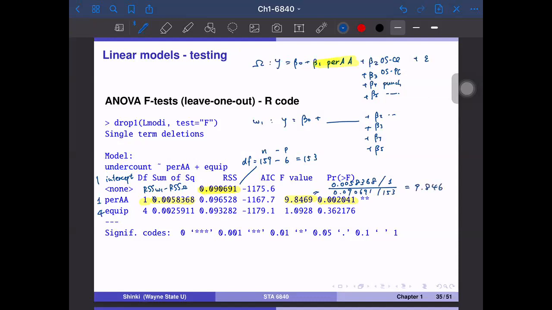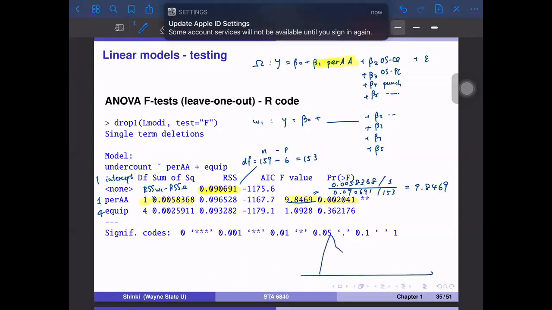And the F statistic is on average approximately 1. So 9.8 is a very large number. It's almost in the far right part. So 9.8 is around here.